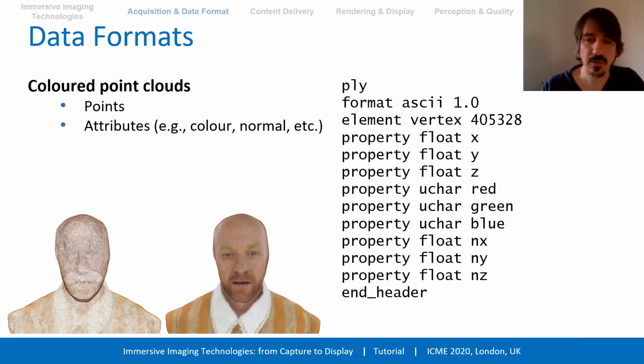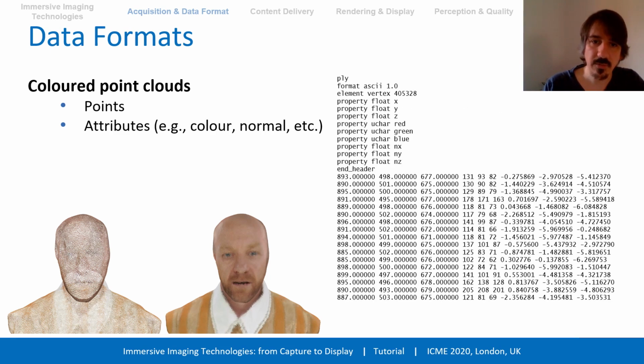This header on the right indicates that this PLY file contains the X, Y, Z coordinates, the RGB color information, and the normal vector coordinates. Here we have the rest of the file, and the columns correspond to the different parameters described in the header, and each row corresponds to a different point.